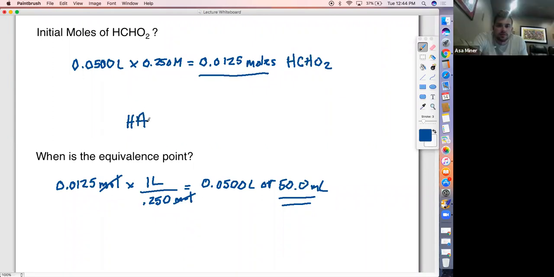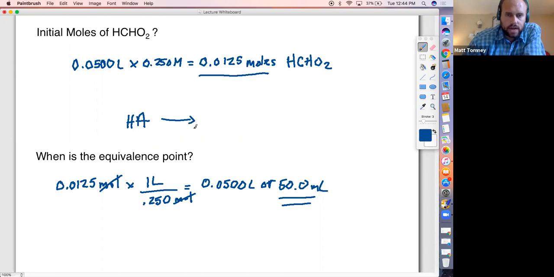Exactly. The acid, when it reacts with the hydroxide, so yes, the hydroxide, when we said how much hydroxide has been utilized. If we look at the acid, or the hydroxide at equivalence point, that is what's creating A minus. So if HA to A minus is going to be a 1-to-1 ratio, then when I've used up all of the HA that was present, that must be the amount of A minus present.